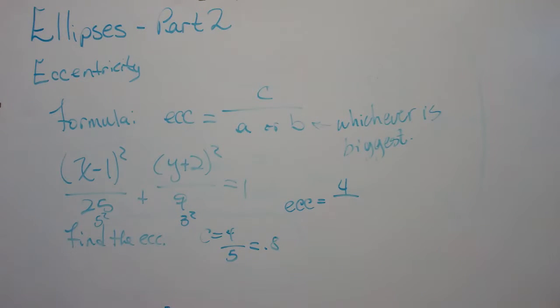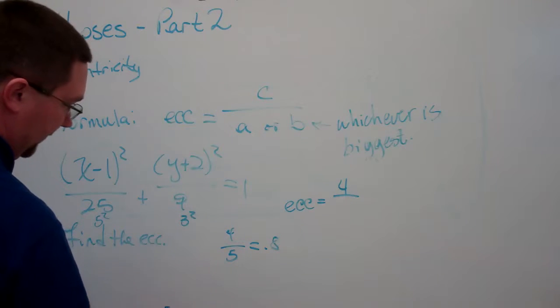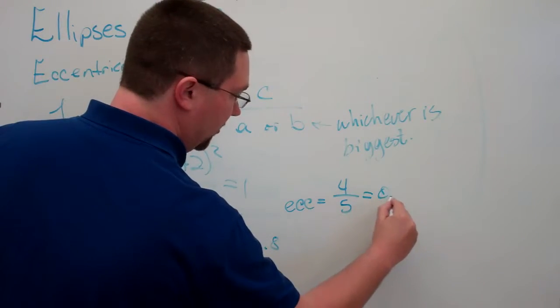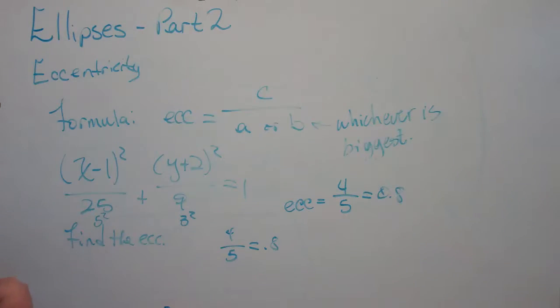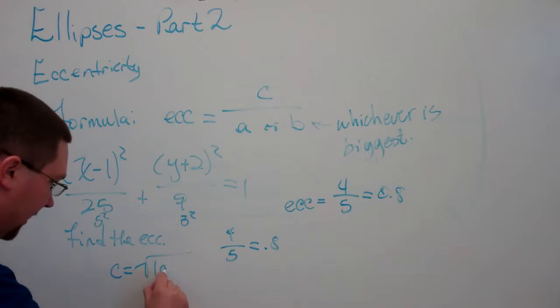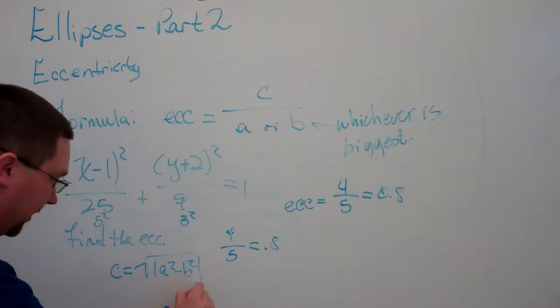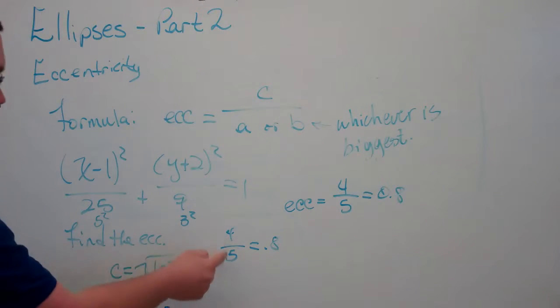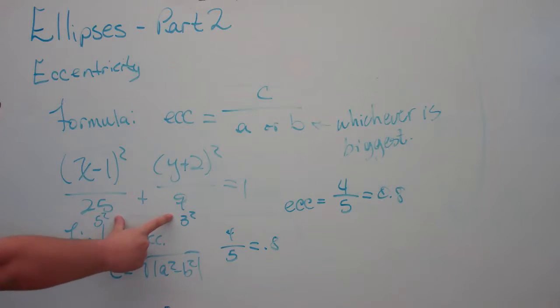So our eccentricity is 4/5, which equals 0.8. Because remember, you have to find C. It's the square root of the absolute value of A squared minus B squared. And then it's C divided by the bigger one of these.